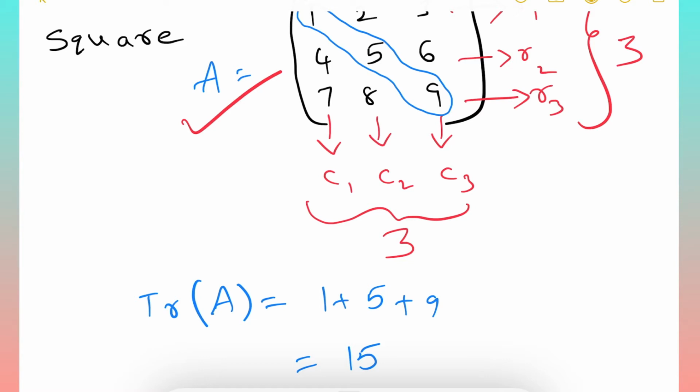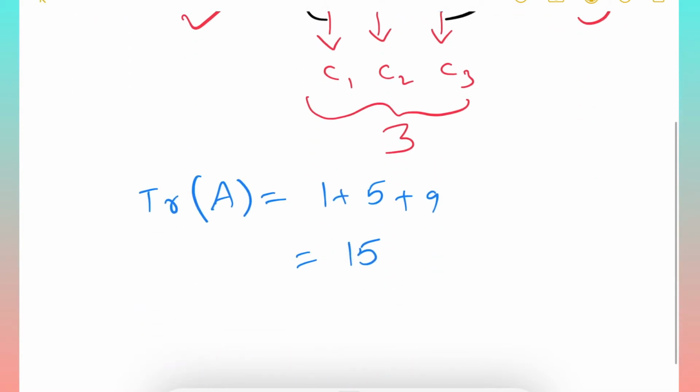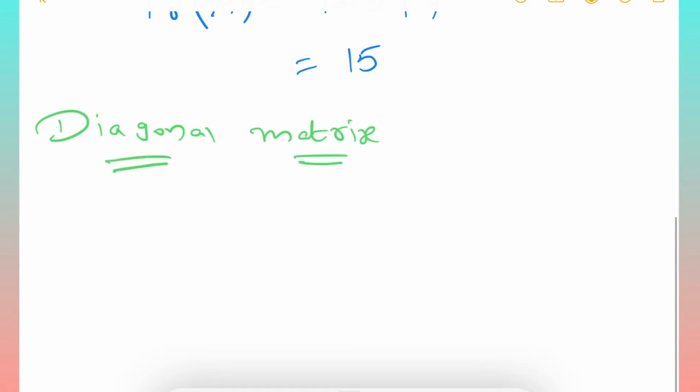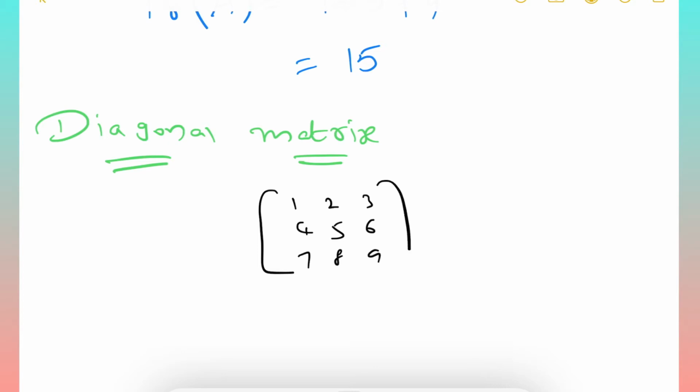Next, the second type of matrix which we will discuss is the diagonal matrix. Okay, now any square matrix is there. For example, 1, 2, 3, 4, 5, 6, 7, 8, 9.